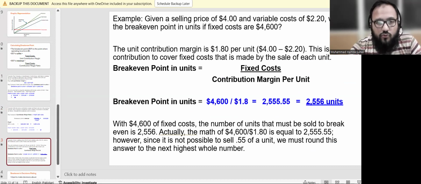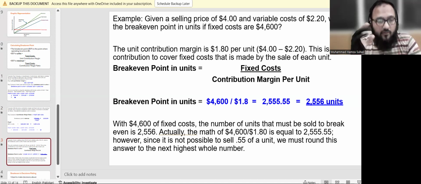So we can also relate it again. There is another example. Given a selling price of $4 and variable cost of $2.2, what is the break-even point in units if fixed costs are $4,600? So this means that we have a contribution margin of $1.8 per unit, and the total fixed costs are $4,600.